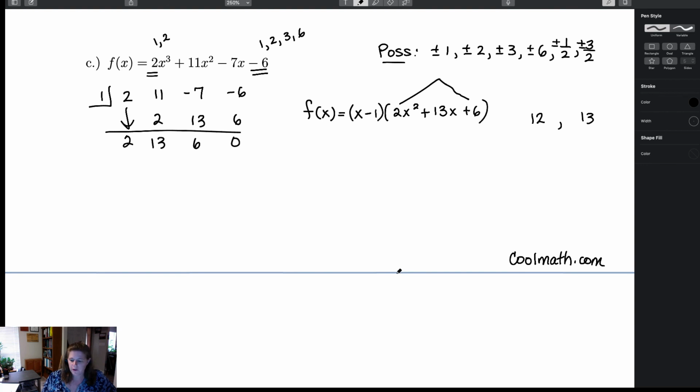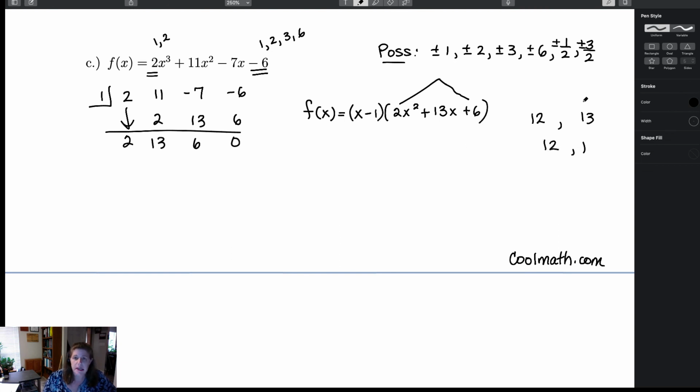So I'm looking for two things that multiply together to give me 12, add together to give me 13. They're both positive, so it looks like 3 and 4. Those multiply to give me 12, but 3 and 4 do not add to 13, but 12 and 1 do.